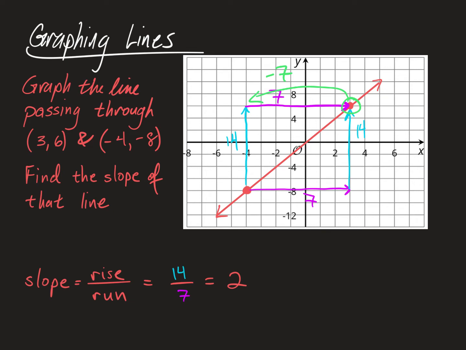So your run this time would be -7, and I'm putting that in the denominator because that's where horizontal movements go. From there, we would have to move down 14 to get from this point where we stopped to this point on the line. And just like the opposite of right is left, the opposite of up is down. And if we move down, that is a negative movement. So it'll be a -14 over a -7, which, wouldn't you know it, still reduces to 2.